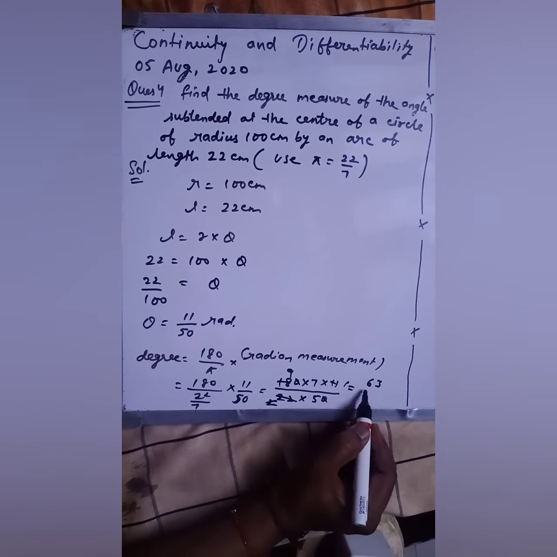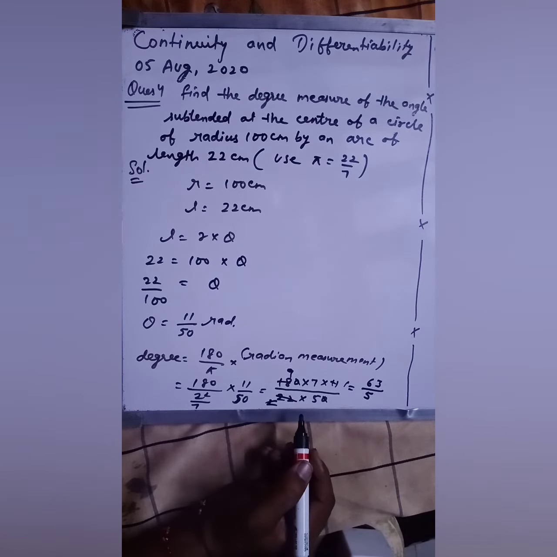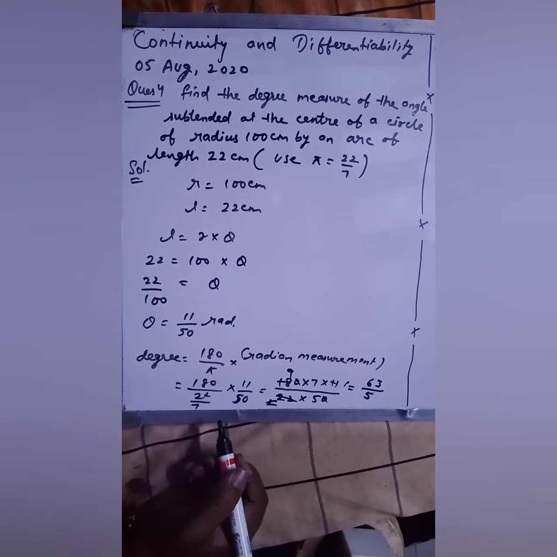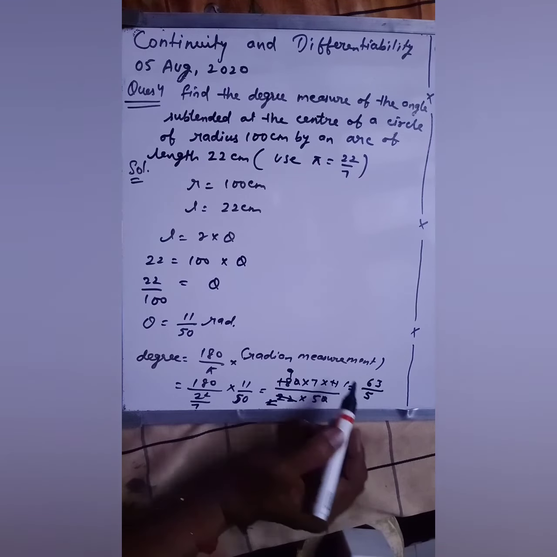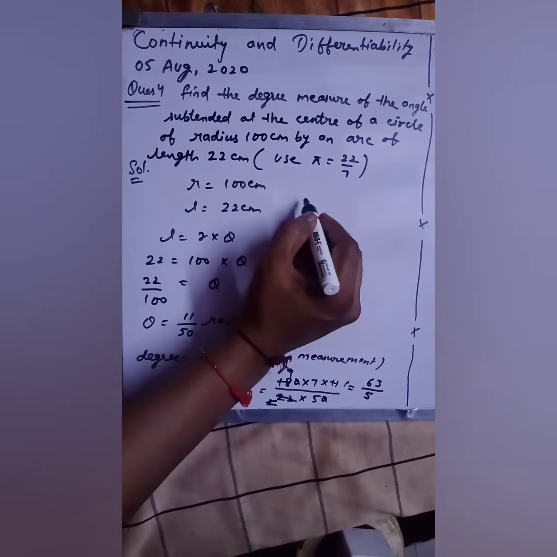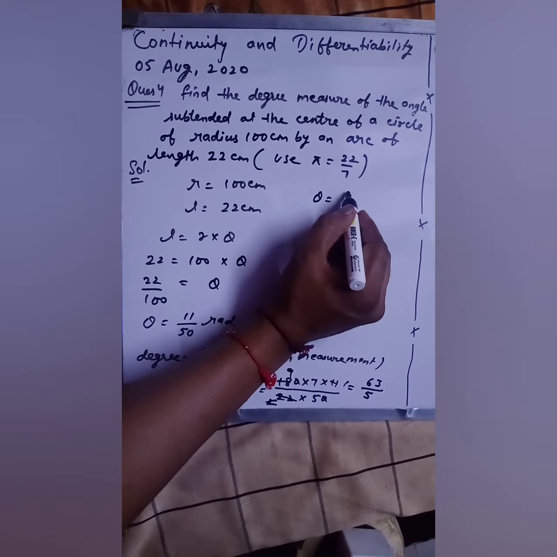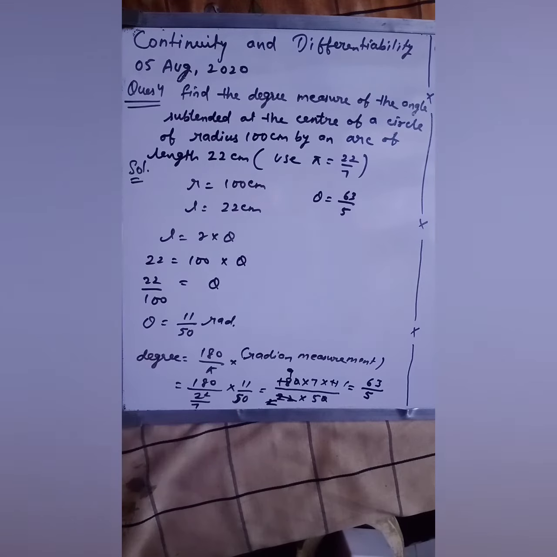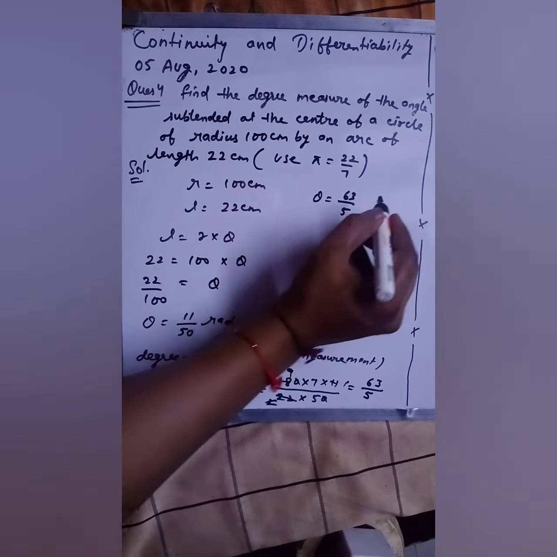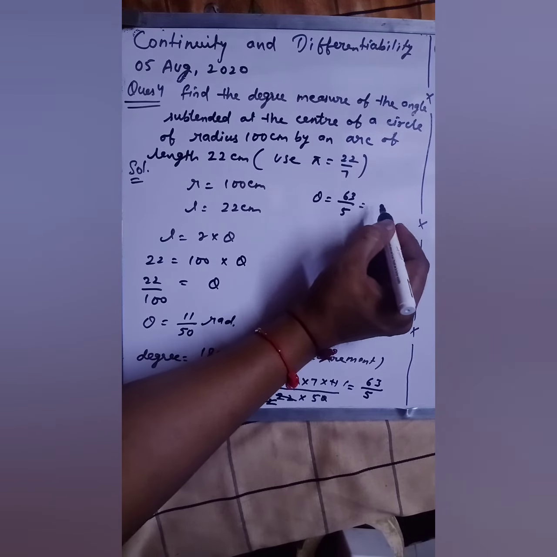So this you will get 63 by 5. Fine. So here I am solving this. So your theta would be 63 upon 5. Fine. I'm writing this in mixed fraction.